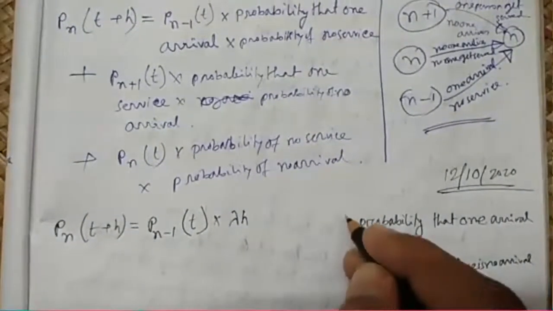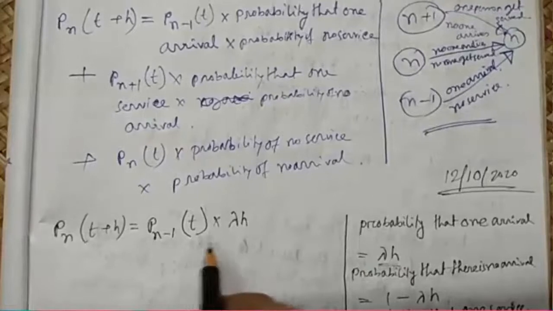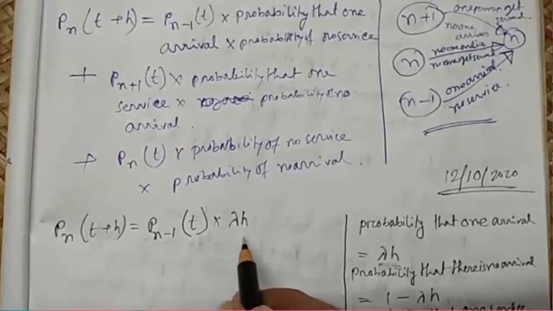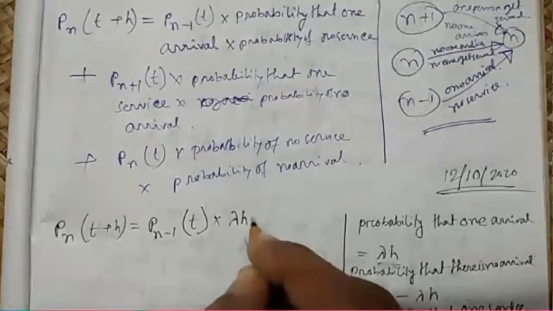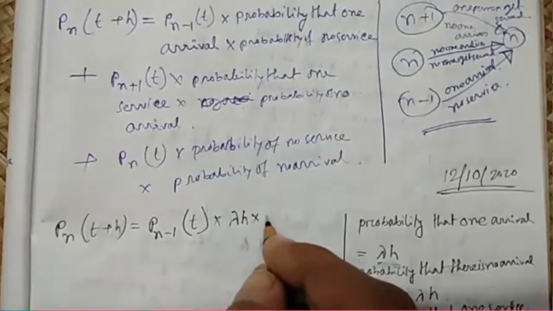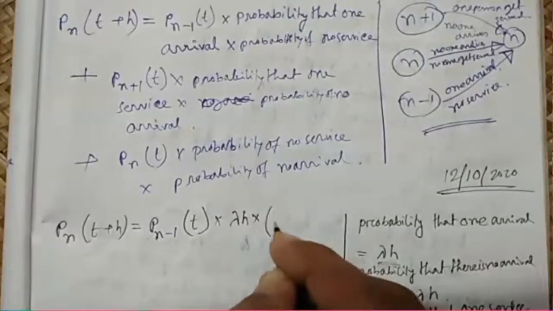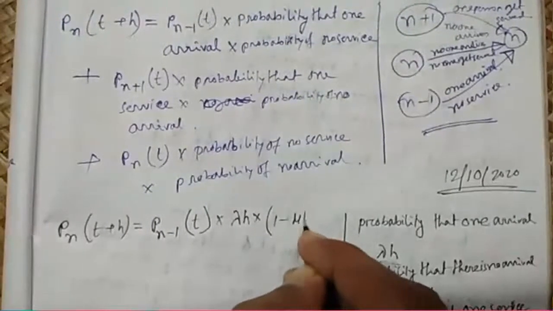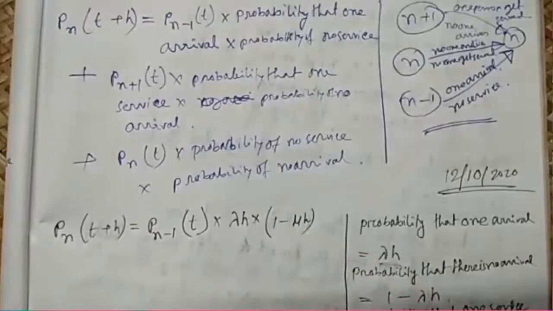The probability of one arrival is lambda h. The probability of no arrival is 1 minus lambda h.